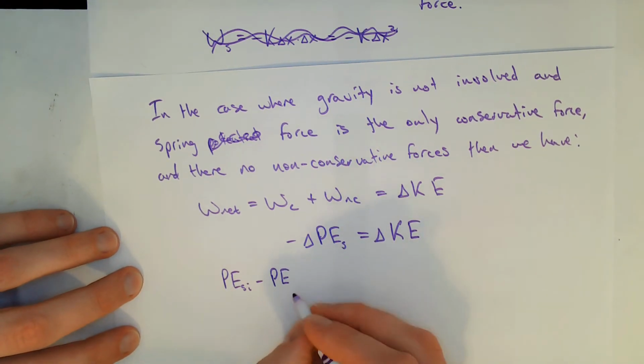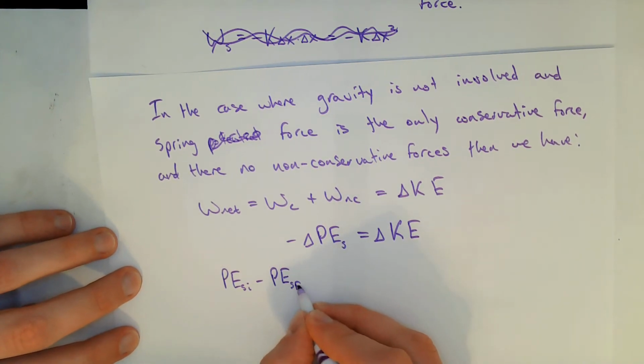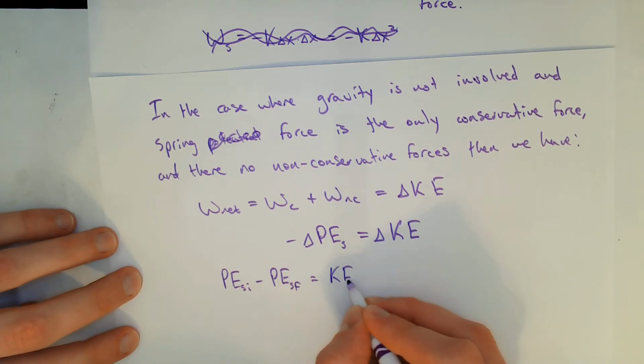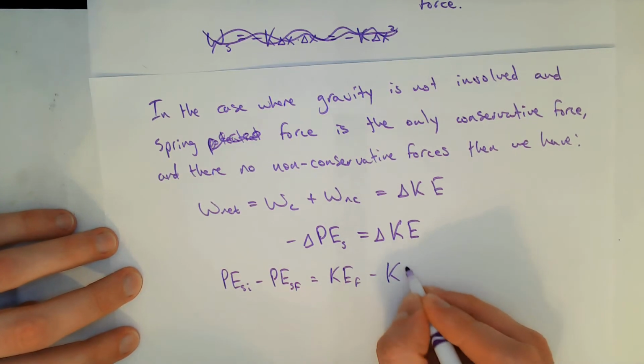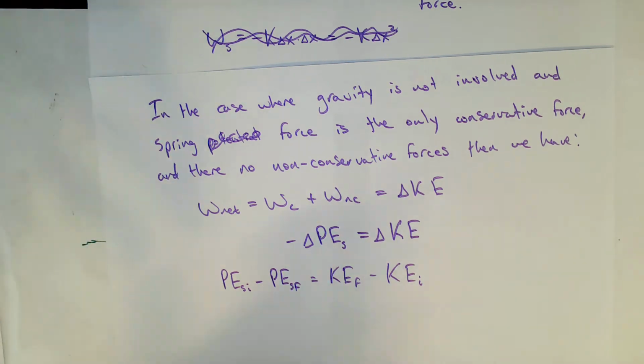So on this side, I've got initial minus final, and on this side, I've got final minus initial. And also in the slides, he reorganizes this equation, puts all the initial stuff over here and all the final stuff over here.